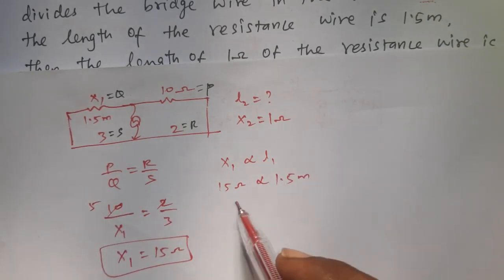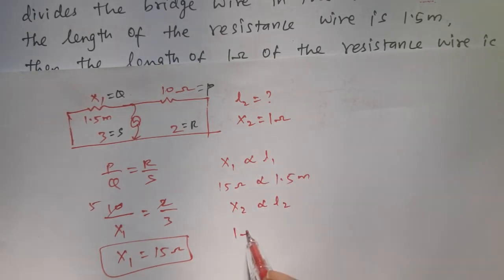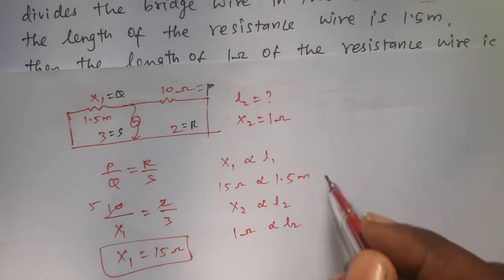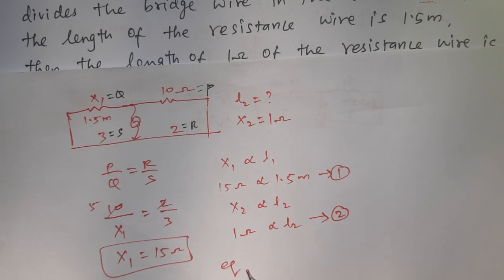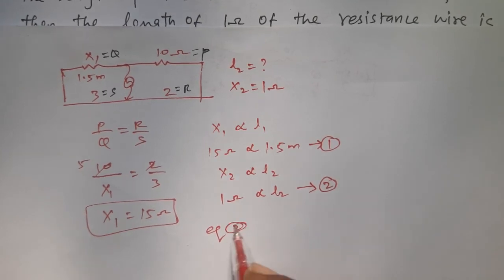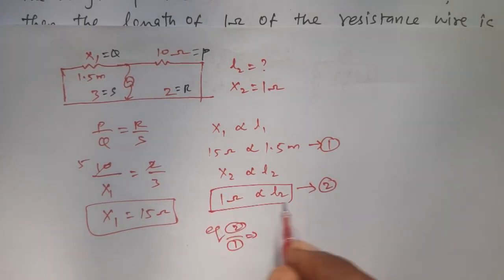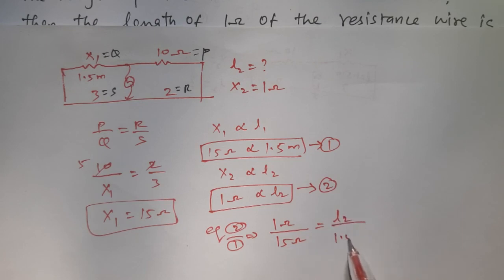In the second case, X2 is directly proportional to L2. So X2 is 1 ohm. What will be L2? Let this be equation 1 and this be equation 2. Now taking equation 2 by 1, 1 ohm by 15 ohm is equal to L2 by 1.5 meter. The 1.5 meter will come here, and the ohm is going to be cancelled.